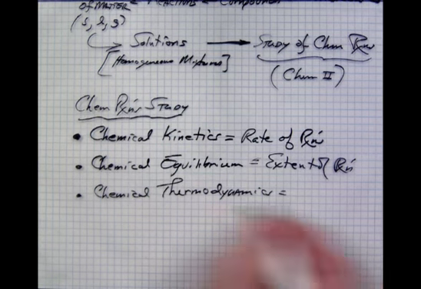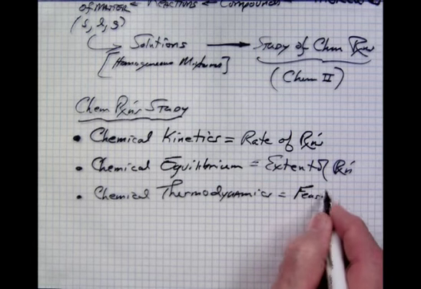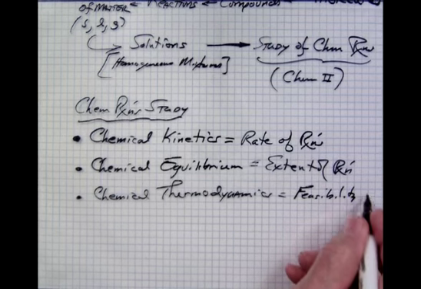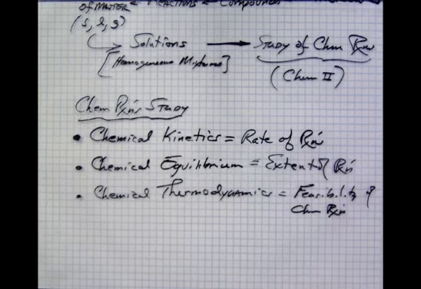But first, thermodynamics defines the feasibility of chemical reactions. Simple. Will it work? Will it not work? Thermodynamics is a relatively young science. It evolved from the need to study concepts dealing with steam engines back in the Industrial Revolution.